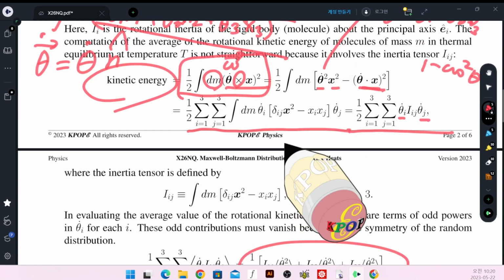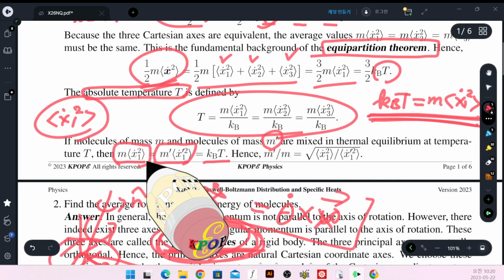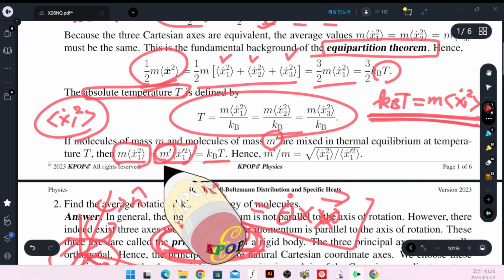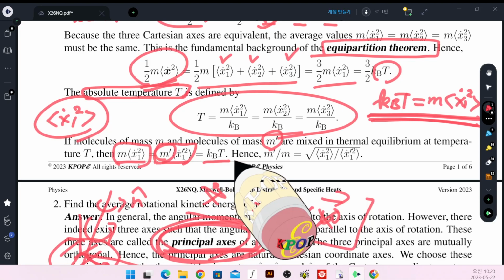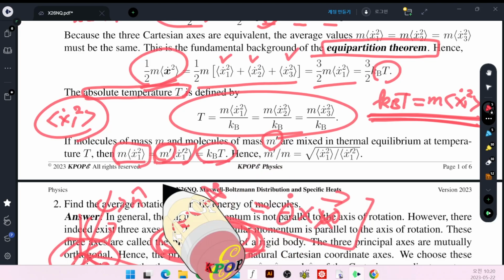We remember, even if we use a different mass, the equipartition theorem states that these values are always the same at a single temperature at which the system is in thermal equilibrium.